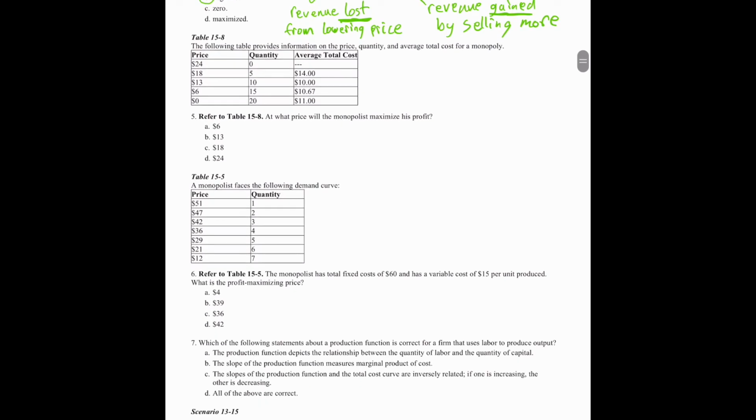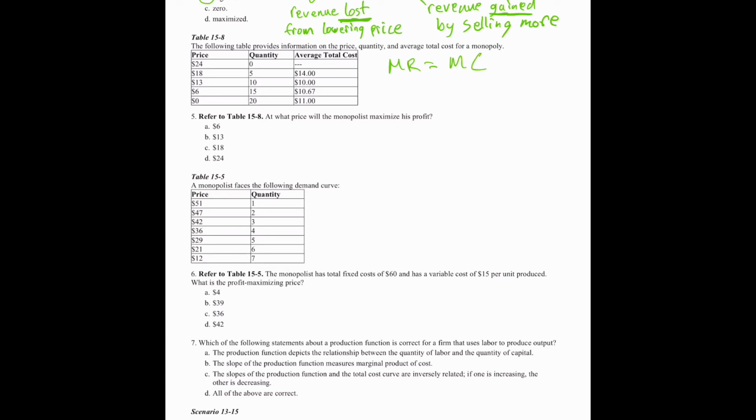The following table provides information on the price, quantity, and average total costs for a monopoly. At what price will the monopolist maximize his profit? Well, going ahead and looking at this, we know that profit is maximized when marginal revenue equals marginal cost.